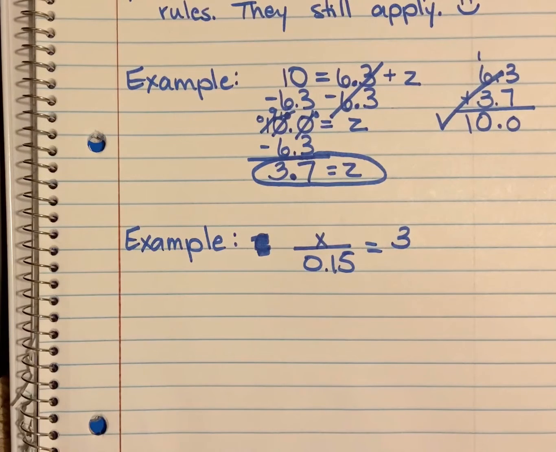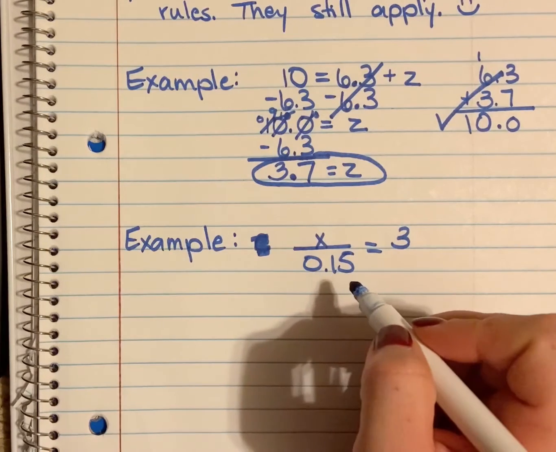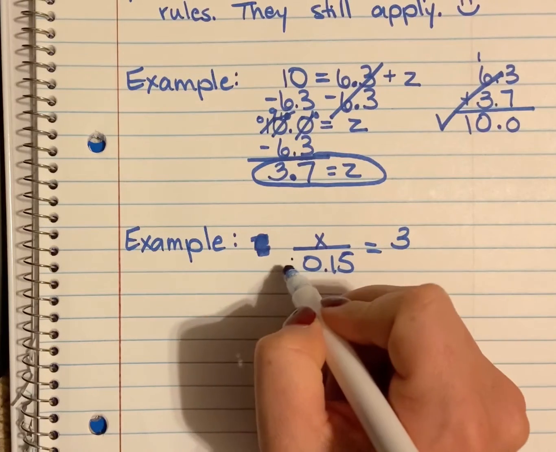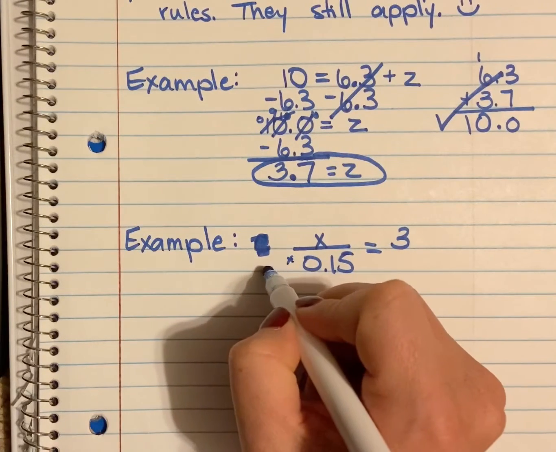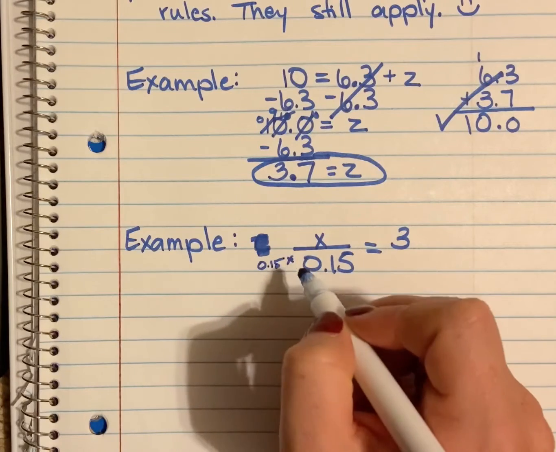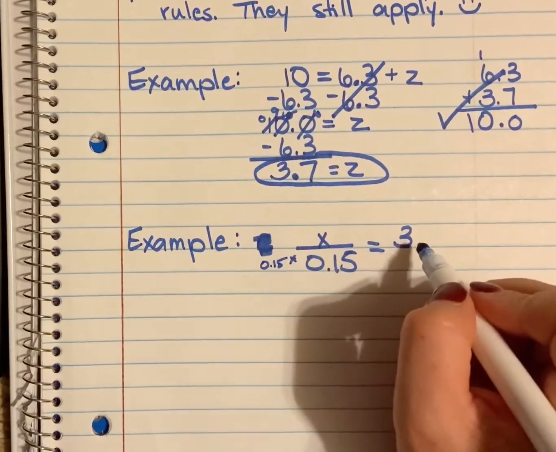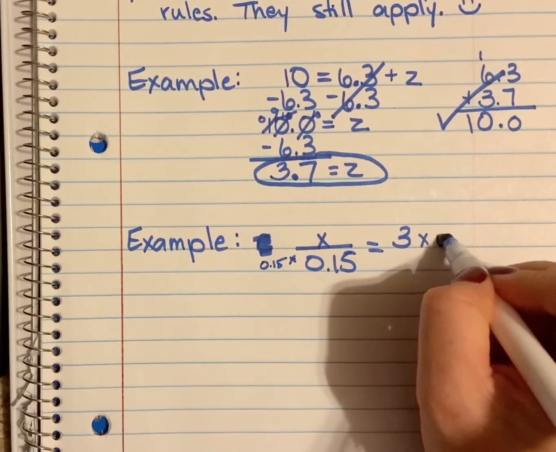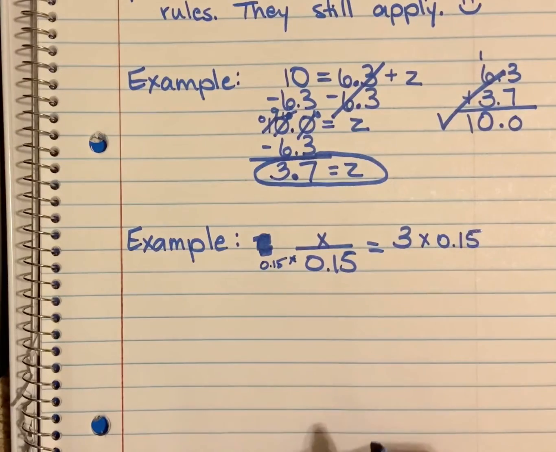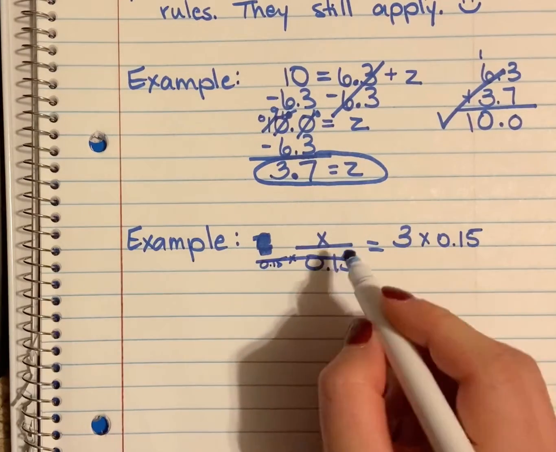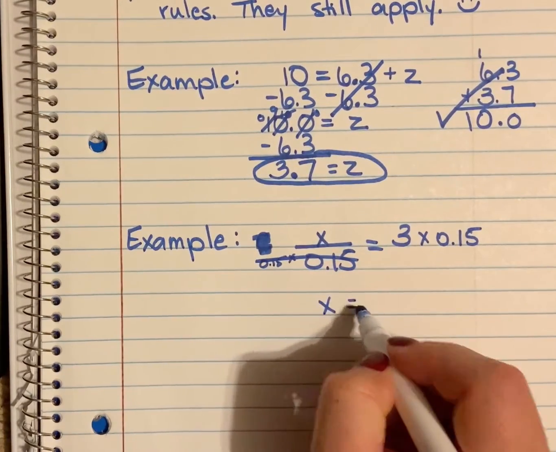I need to isolate the variable by multiplying both sides. I need to multiply by 0.15. I need to multiply by 0.15 on the right side. This cancels out. All that's left on this side is x.